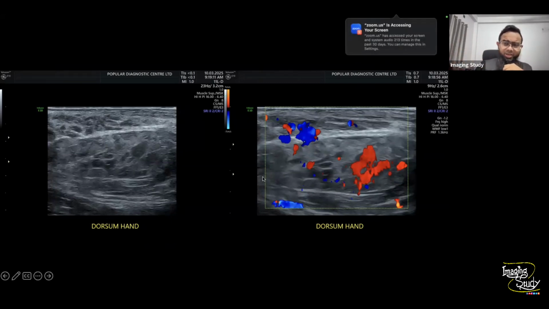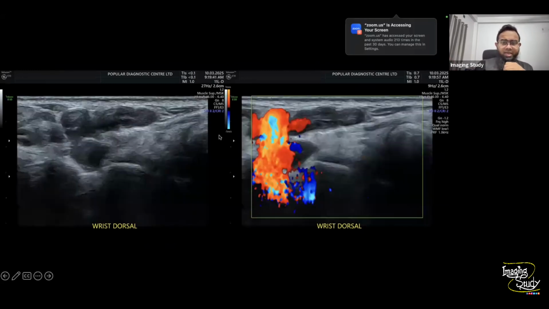So it's a crazy situation to solve in this patient. You see, they are going deeper after the wrist region, at the hand region, they're going very deep. So obviously, they're getting connected to the venous network of the hand.